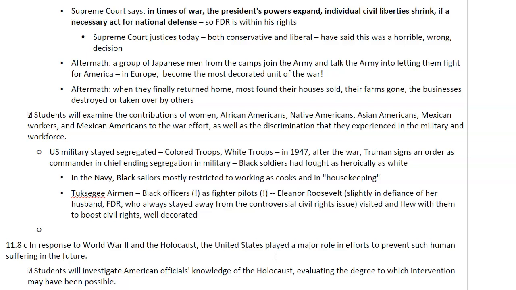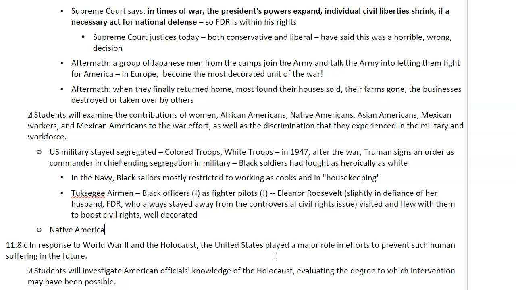Eleanor Roosevelt herself, the wife of the president, slightly in defiance of her husband, FDR always tried to stay away from civil rights issues because he was already pushing the country so far with the New Deal, he was afraid that it would cause too much backfire to him. She visited and flew in their plane with them and then did a big photo op because she really believed in racial integration.